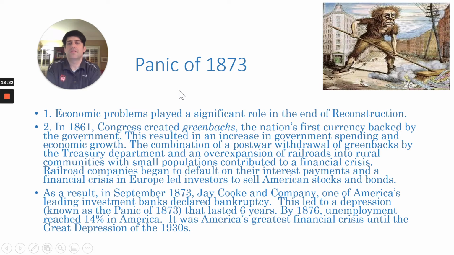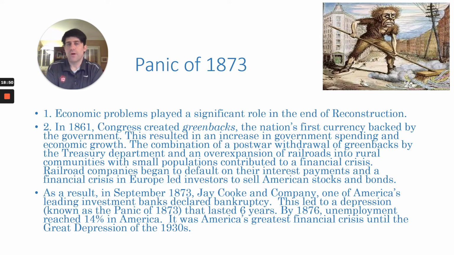As the 1870s roll on, America runs into a major financial crisis, and that is known as the Panic of 1873. There were several contributing factors that caused the panic and exacerbated the panic. But we'll start at the beginning.